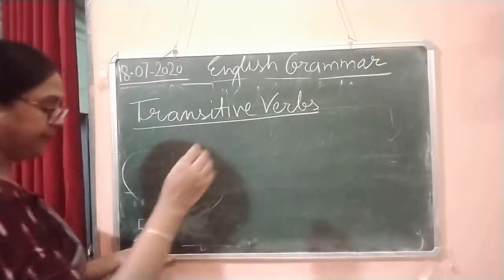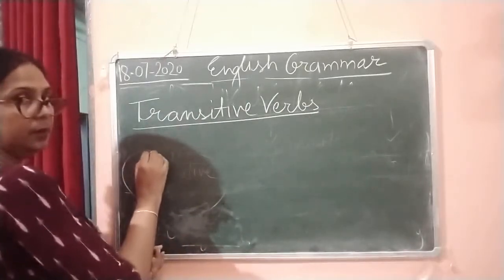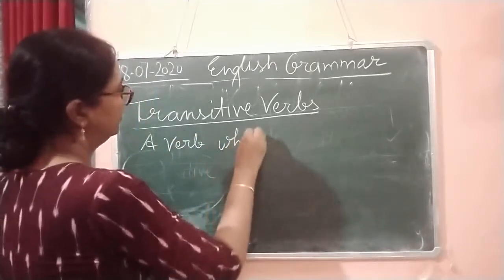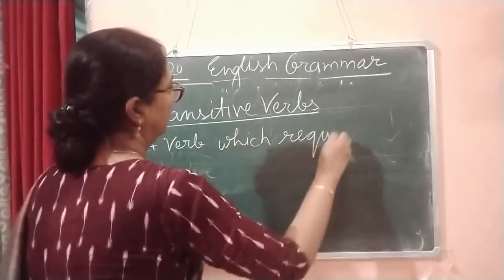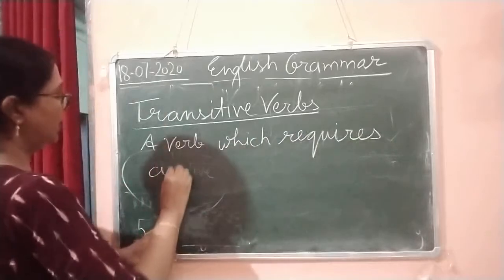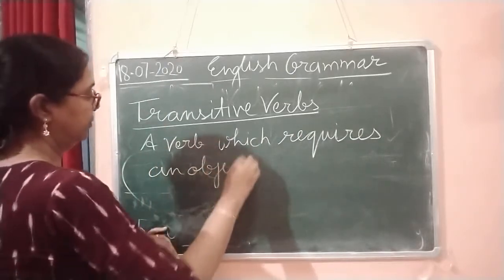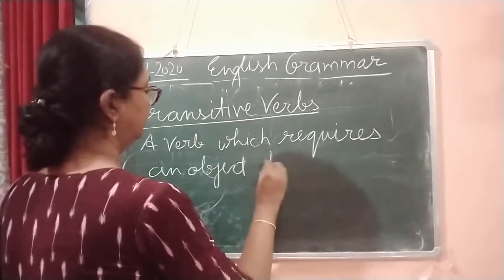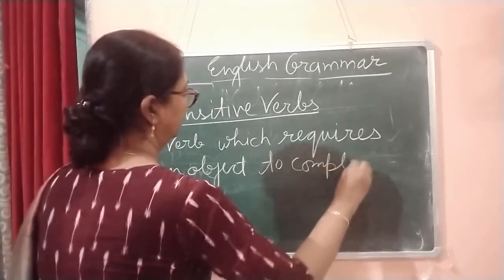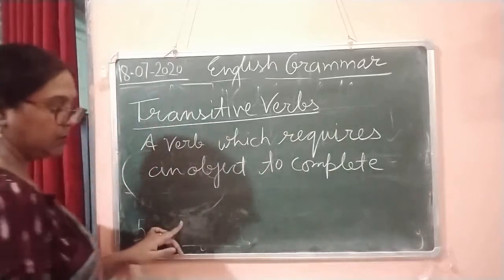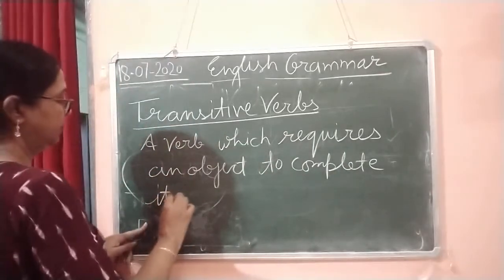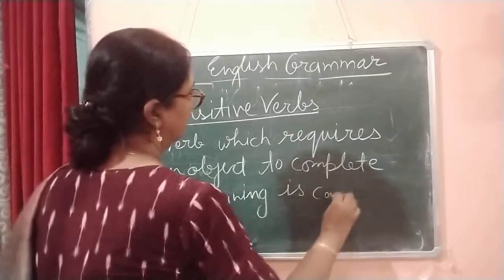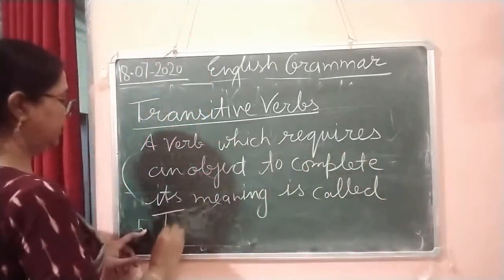Transitive verbs: a verb which requires an object to complete its meaning is called transitive.